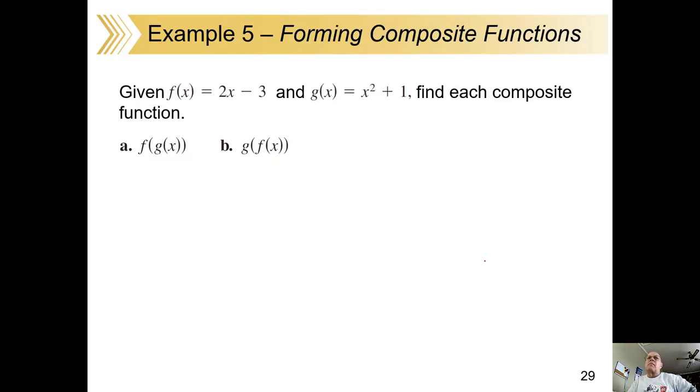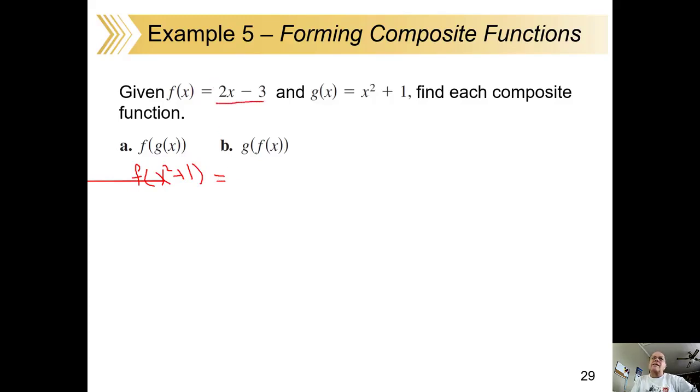So find each composite function. First of all, we have f of g of x. So we leave f alone, check on g. What does g do? It takes a number, squares it, and adds 1. So what f is going to see is the result of x squared plus 1. Now what does f do?